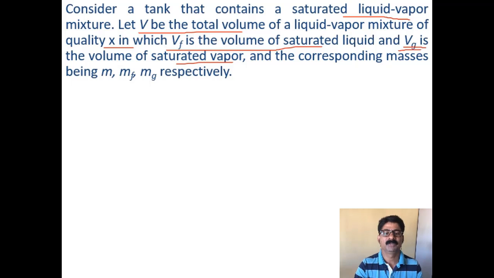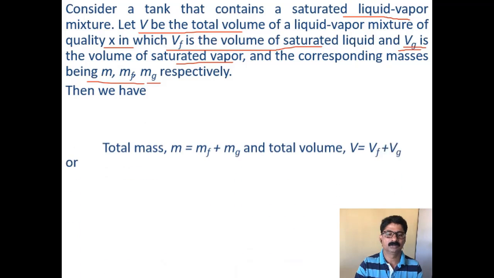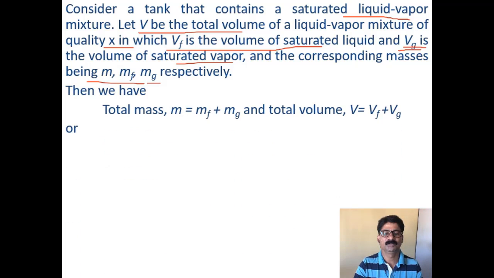Vg. And the corresponding masses, total mass is M, mass of the saturated liquid is Mf, and saturated vapor is Mg. Then you have total mass equal to Mf plus Mg, and total volume equal to Vf plus Vg.